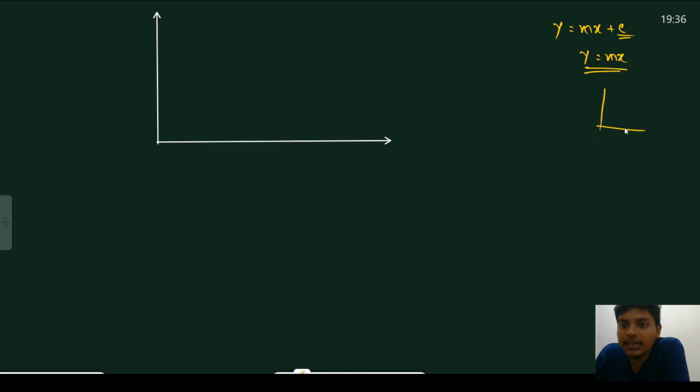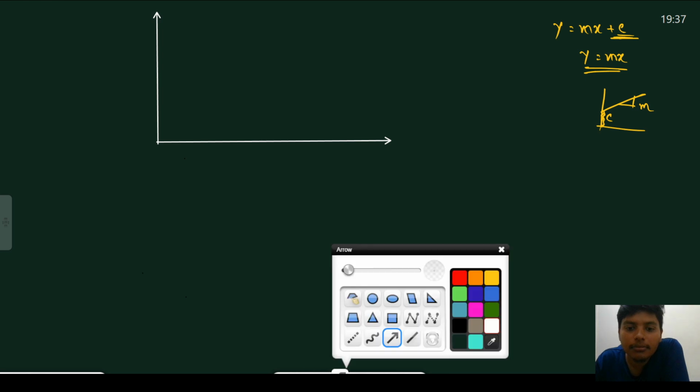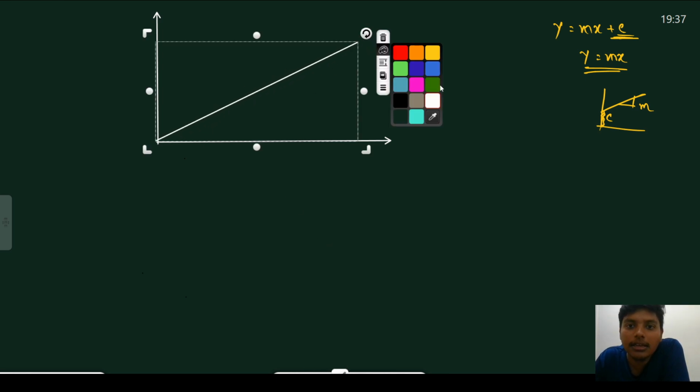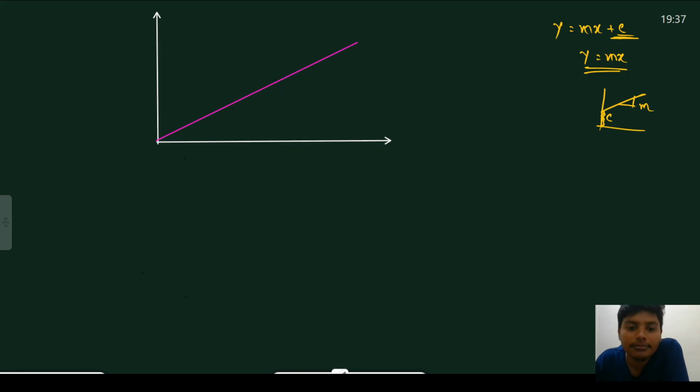Like this is a straight line graph. This value is c, and the slope is m, right? If y equals mx only, c is 0, so there is no intercept, so the line will go through the origin. Yes or no? Now you wrote the equation that P of gas equals Kh into mole fraction of gas.